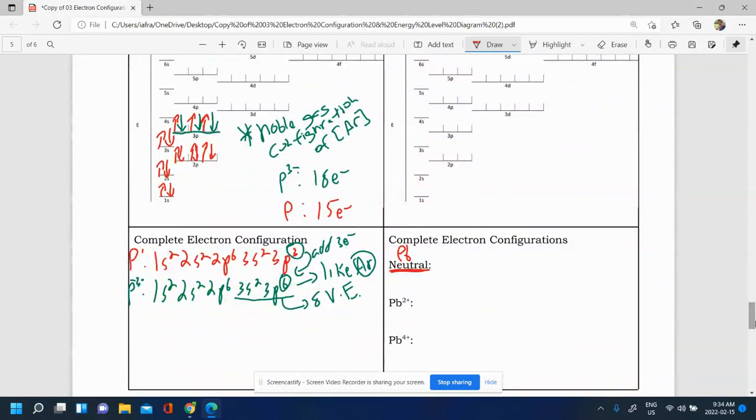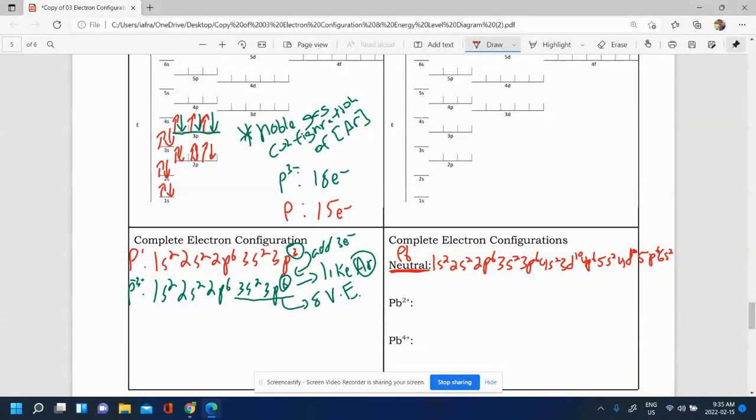So let's go ahead and write that out. We'll have 1s2, 2s2, 2p6, 3s2, 3p6, 4s2, 3d10, 4p6, 5s2, 4d10, 5p6, 6s2.